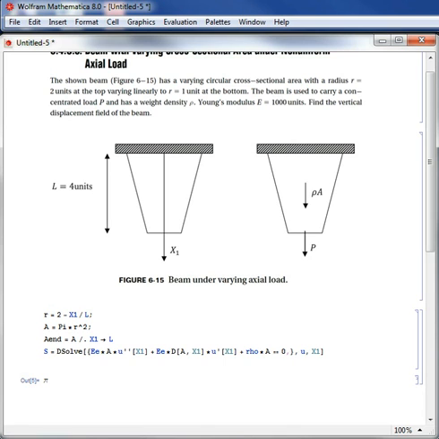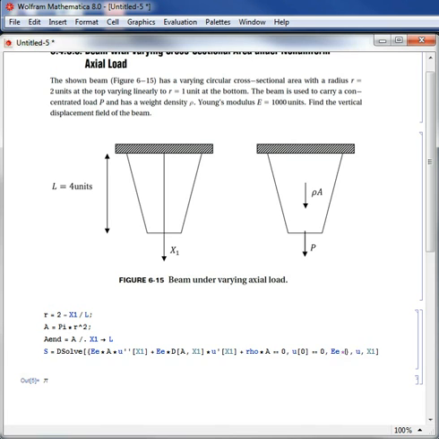The boundary conditions are given in terms of u when x is 0 equal to 0. The displacement at the top end is 0, and the second boundary condition is given in terms of the stress.